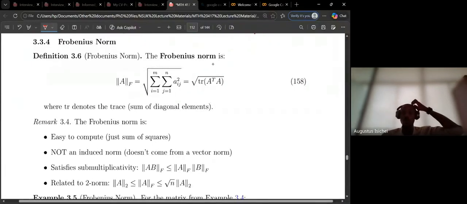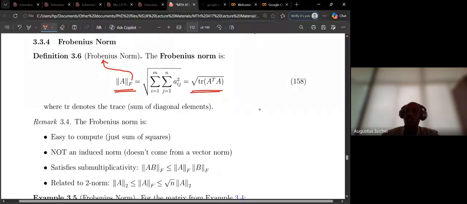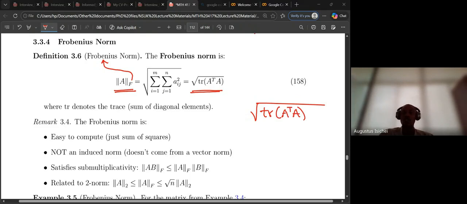The Frobenius norm is defined as the norm of A subscript F, where F stands for Frobenius, is equal to the square root of the double sum of a_ij squared, where i goes from 1 to n and j goes from 1 to n, and this is nothing but the square root of the trace of the matrix A transpose A, the product of the transpose of A and A itself.